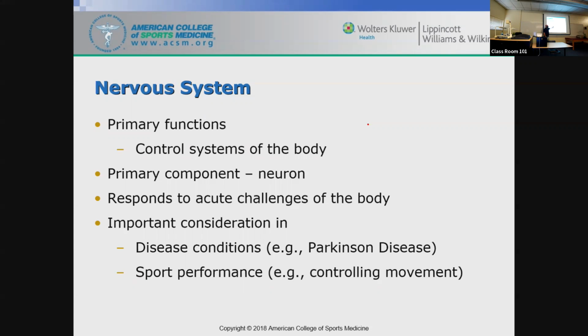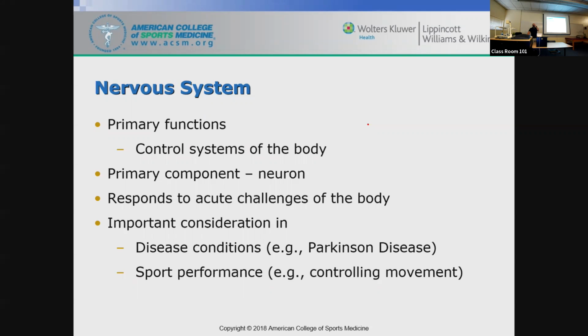And it responds to acute changes in the body. So acute changes being there is some signal coming from somewhere. It could be outside of the body or it could be inside of the body. And those signals are going to be going back to the brain via the nerves and the spinal cord. And the brain's going to figure out what needs to happen.